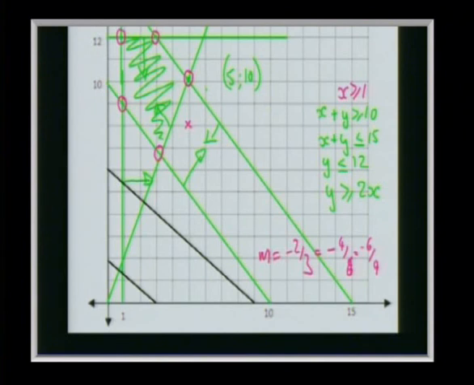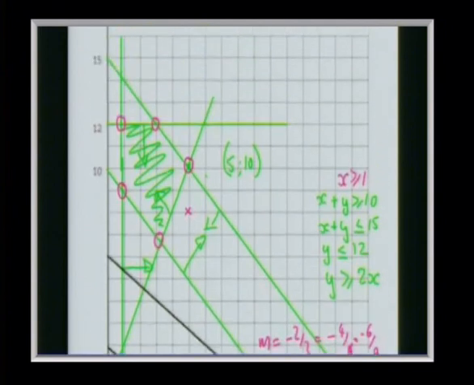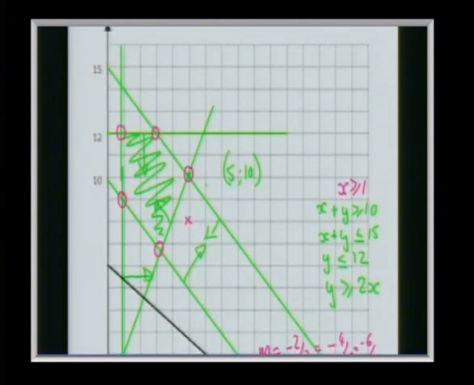There's a search line. It's a decent size. And now we can slide it up, keep it parallel, and see where it goes. Right, there it hits the first vertex. Definitely not a maximum. Moving it up, second vertex, not a maximum. Third vertex, no. Fourth vertex, still not a maximum.